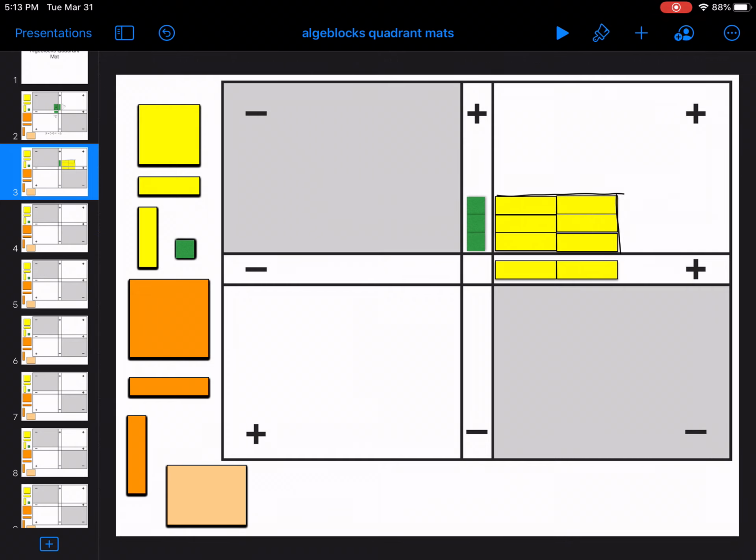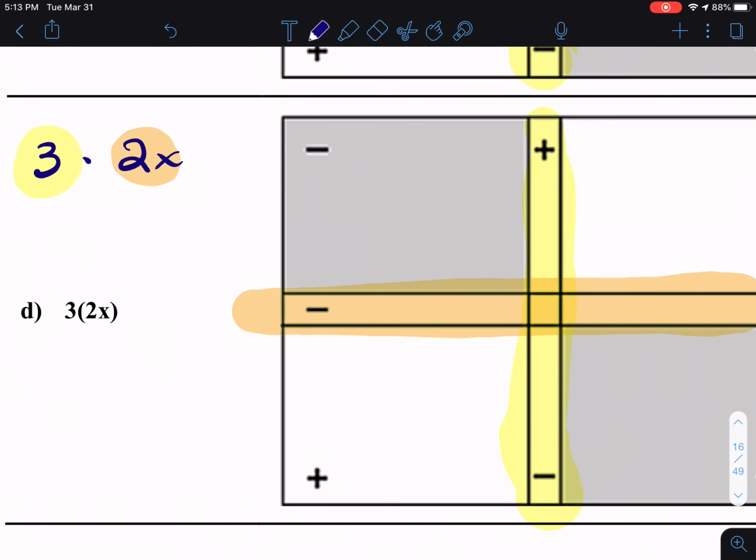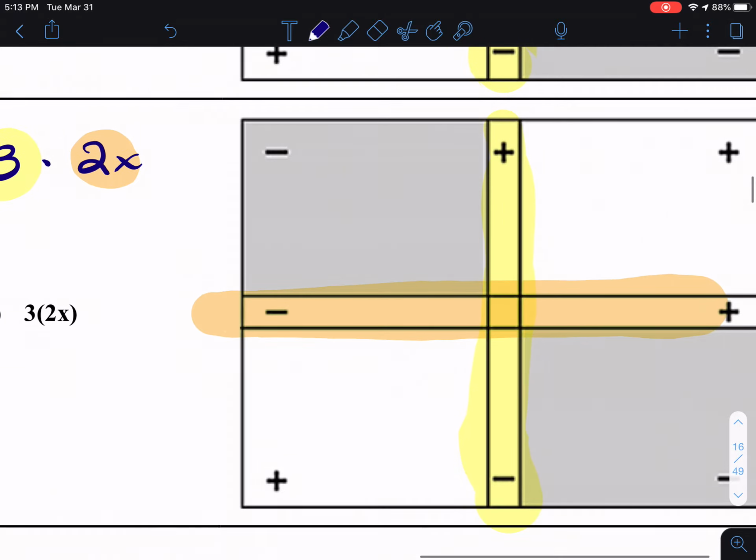So the two factors are 3 and 2x. And what's the area? The area is 6x in the positive. So let's go back to our drawing here. If we want to write 3 by 2x, 2 rods, the area is going to be this area.